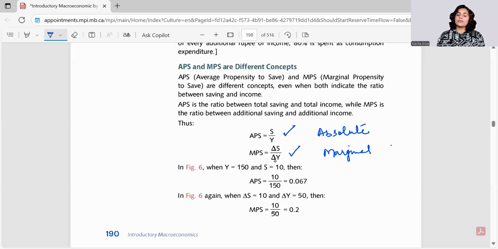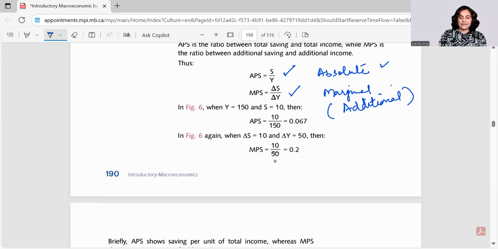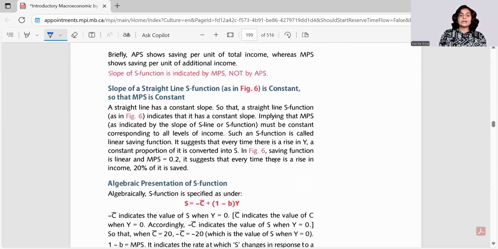Means what portion of income is saved, that is absolute value, and what portion of additional income. So whenever we are talking about MPS, we are talking about the additional savings out of additional income. So these two are different. Slope of S is constant, so that MPS is constant. We have already read previously also, for a straight line, the slope is constant.